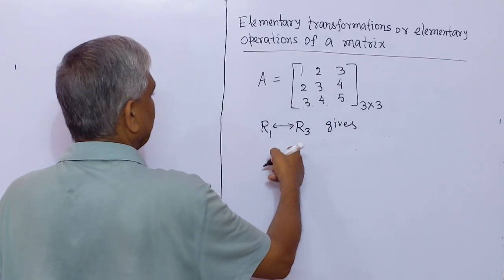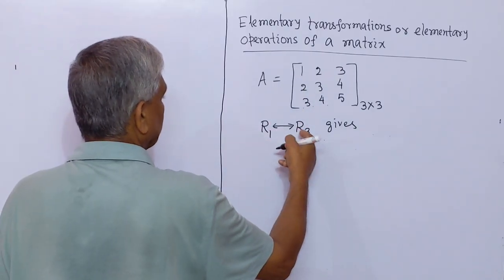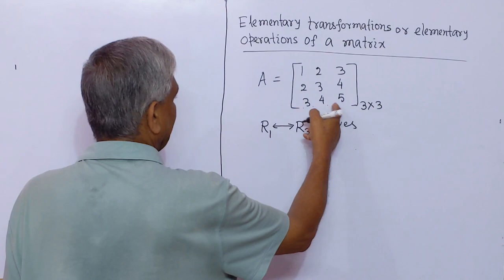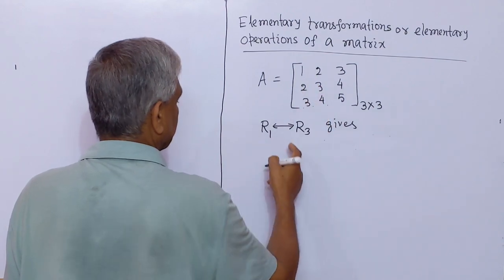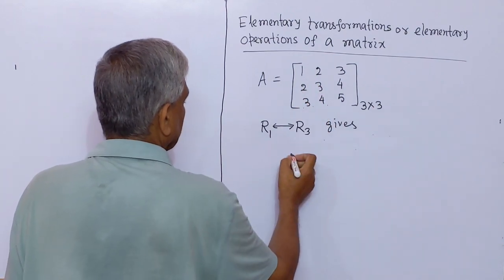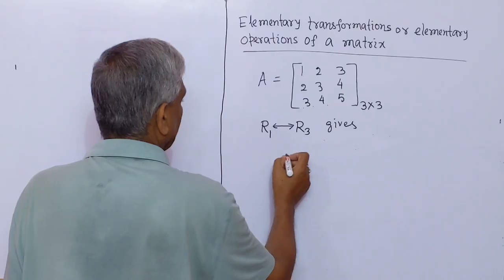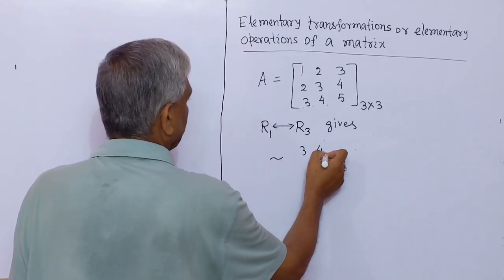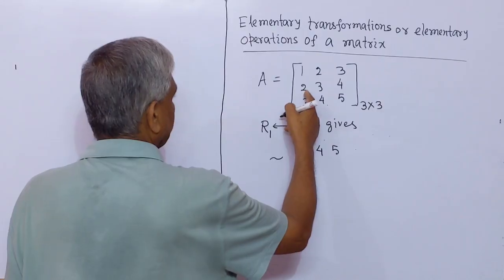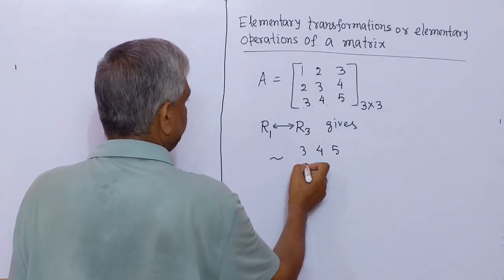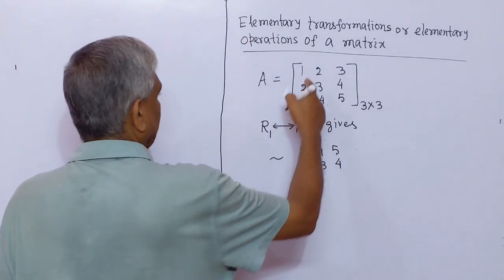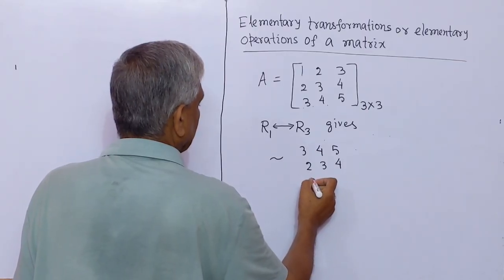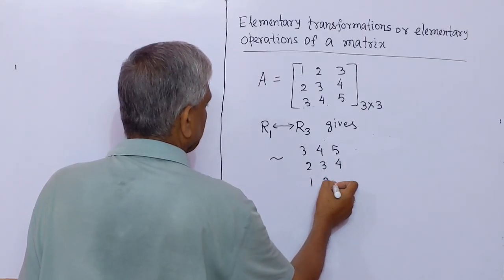We write in place of the first row the elements of the third row, and in place of the third row the elements of the first row. So this matrix will be of the form 3, 4, 5; the second row remains in the same position, and the first row will be in the position of the third row, 1, 2, 3.